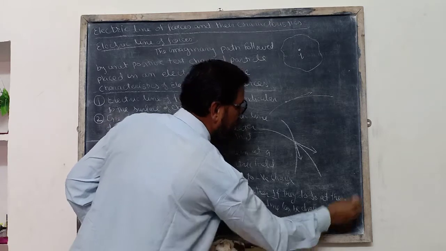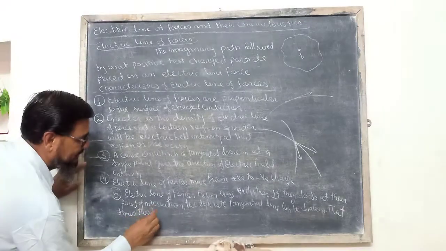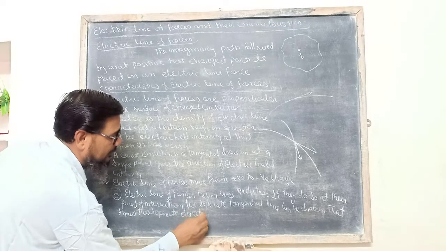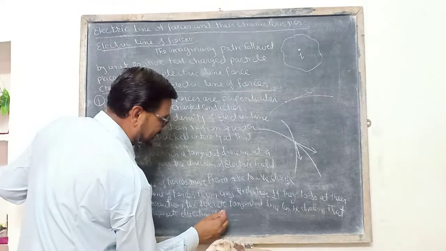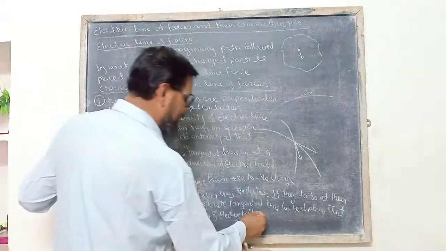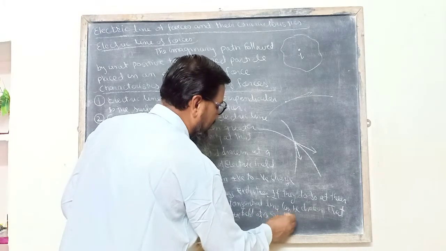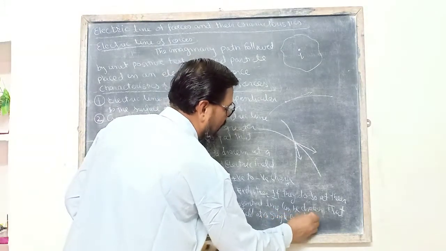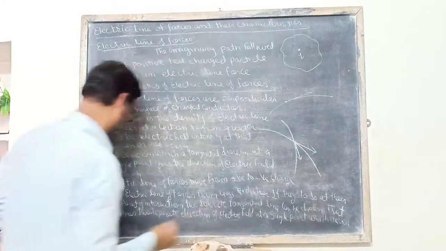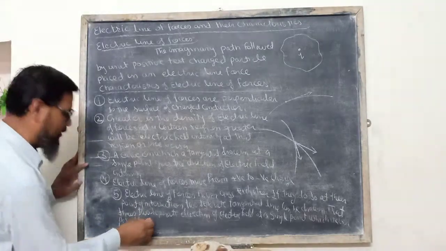That shows two separate directions of electric field at a single point, which is never possible.